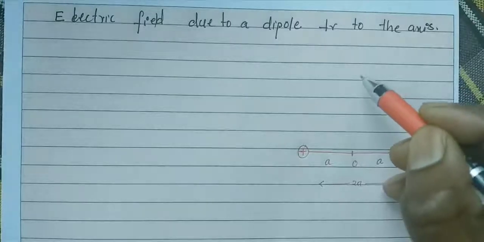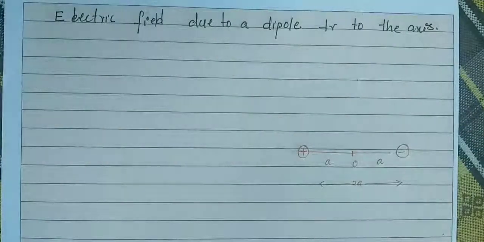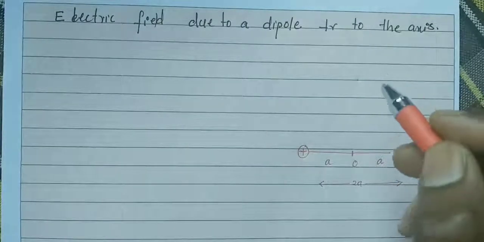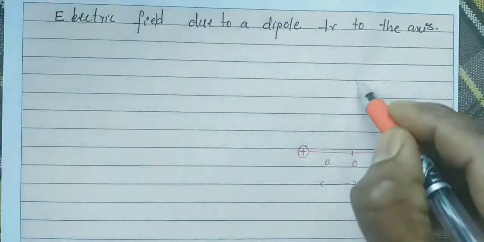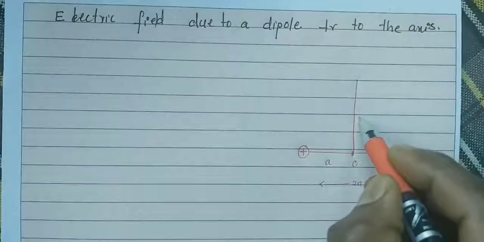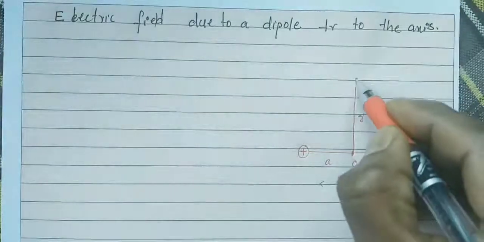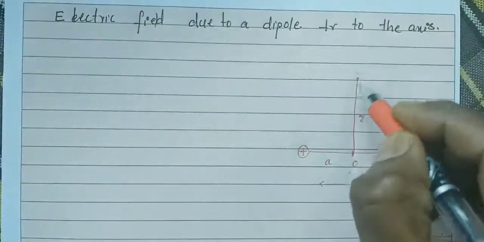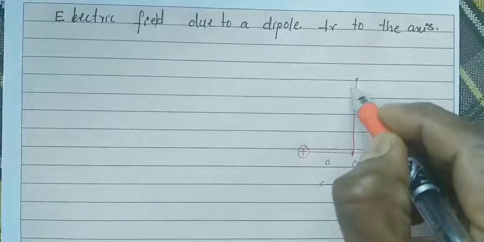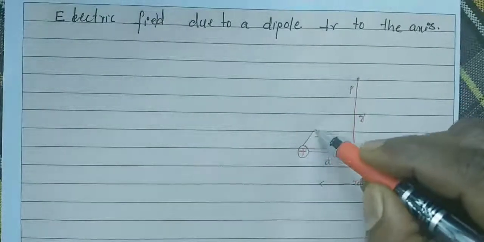And as I have told you, the electric field due to dipole we want to find at the perpendicular bisector of the dipole axis. So r is the distance from the center of the dipole to a point P. P is a reference point where we want to find the total electric field due to positive and negative charge.